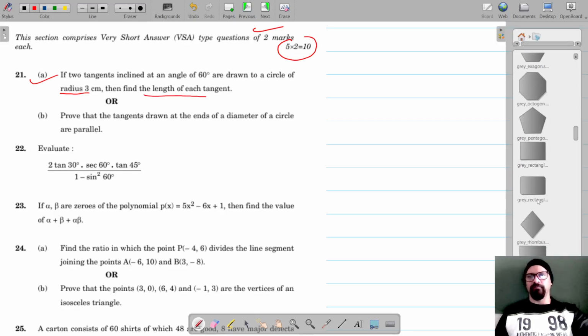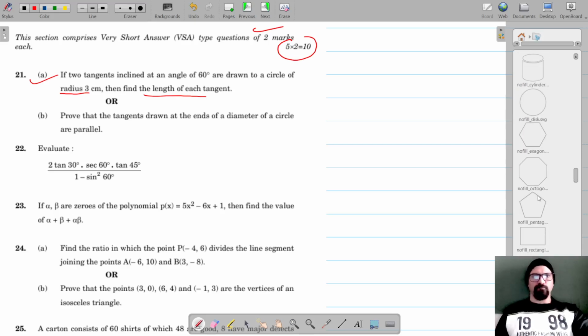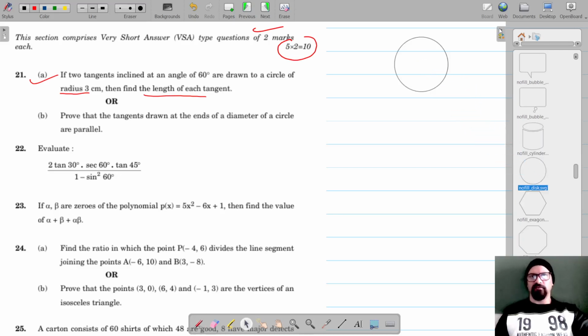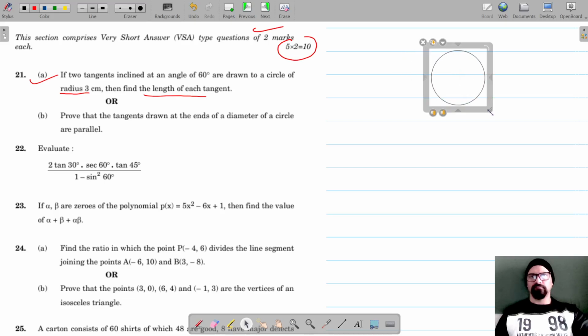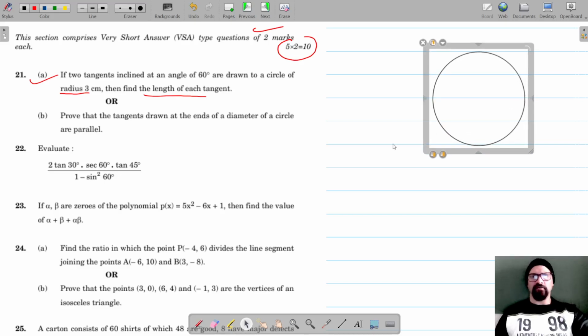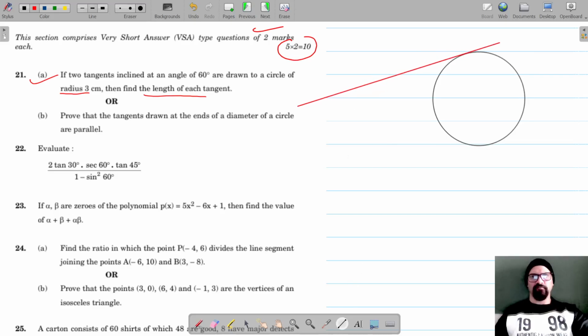Okay, so the two tangents are inclined at an angle of 60 degrees. Let's say this is our circle. For this circle, there are two tangents that are inclined at an angle of 60 degrees. So let's say this is tangent 1 and this is another tangent, and these two are inclined at an angle of 60 degrees, and let O be the center.